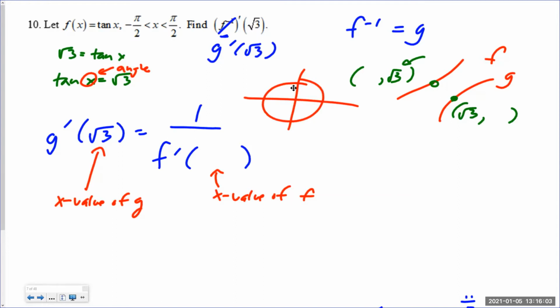If ever the tangent value is square root of 3, you get a tall rectangle in here. Put in a tall rectangle, okay? And all of these points are square root of 3. It might be positive square root of 3, it might be negative square root of 3, but all of these are square root of 3s. If you have square root of 3 over 3, those tangent values are like the short rectangle.